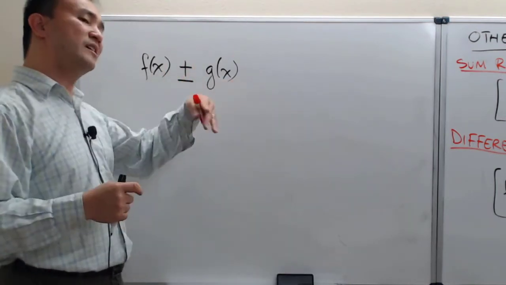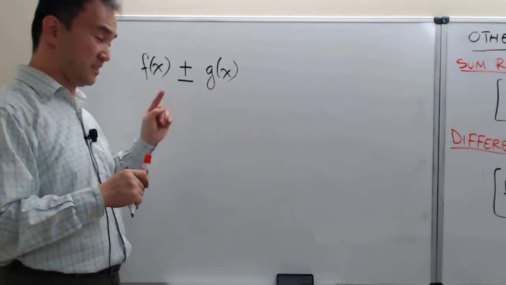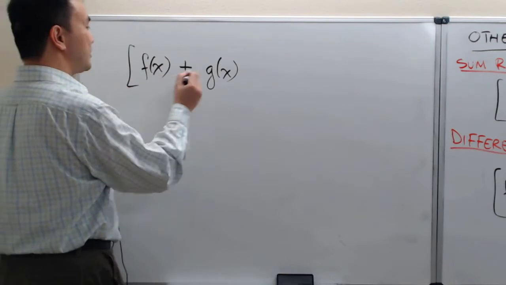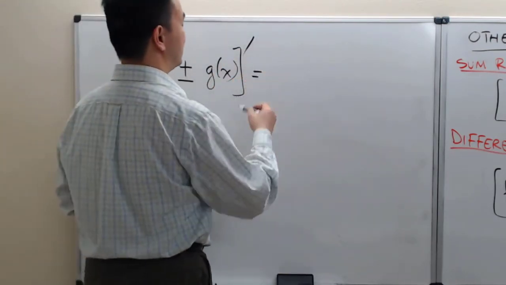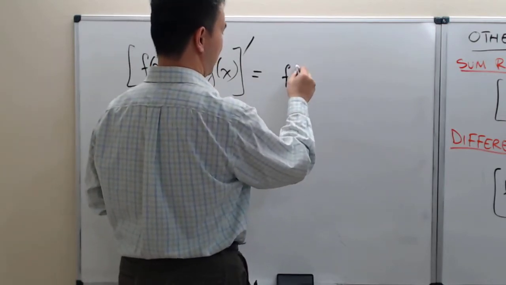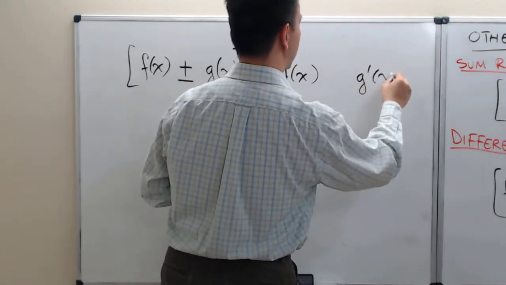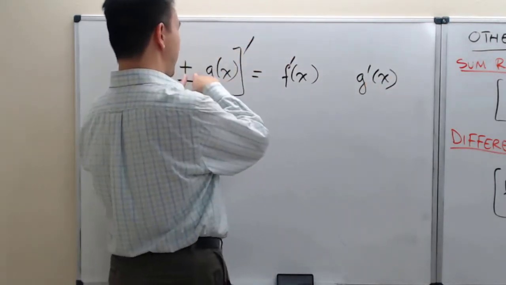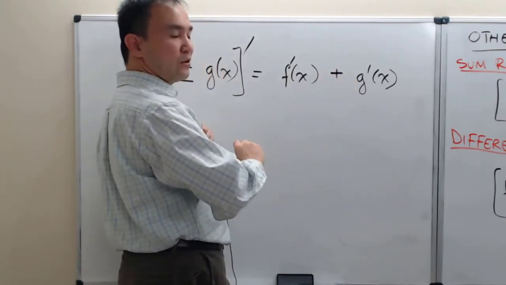That's why I was saying a little bit earlier that we're looking at two different terms like that, and you are asked to find the derivative. Then the sum or difference rule combined is saying that all you do is easily find the two separate derivatives, f prime and g prime. And depending on how they started at first, if it was a plus, then we add the two little derivatives.